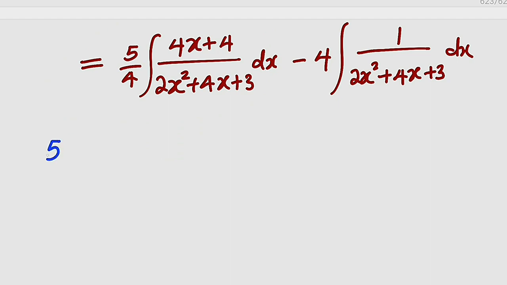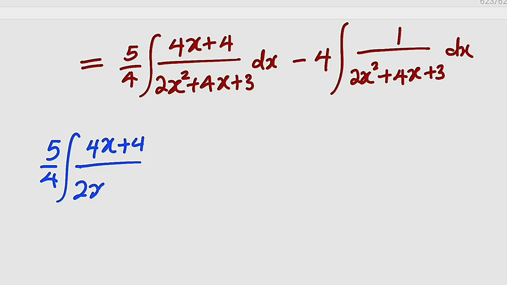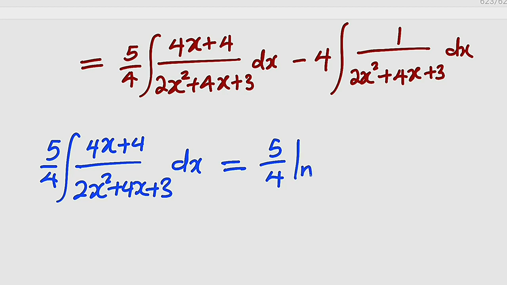We have 5 over 4 multiplied by the integral of 4x plus 4 divided by 2x squared plus 4x plus 3 with respect to x. I told you this is the same thing. Already we have our constant 5 divided by 4 multiplied by the natural log of the absolute value of 2x squared plus 4x plus 3, right?